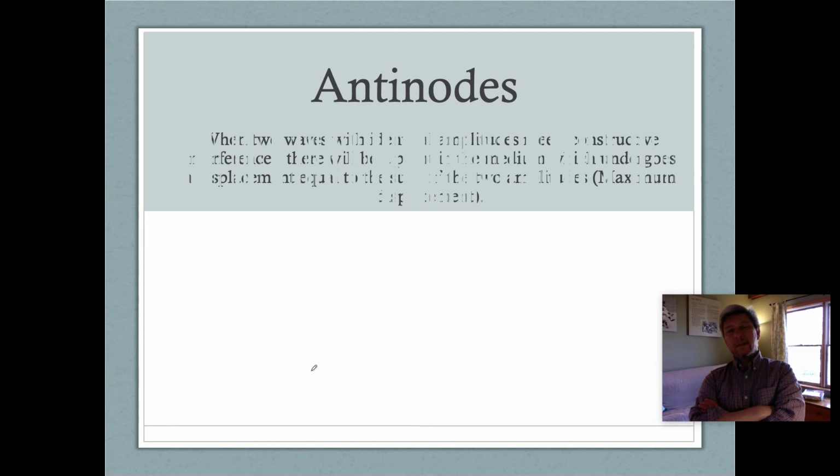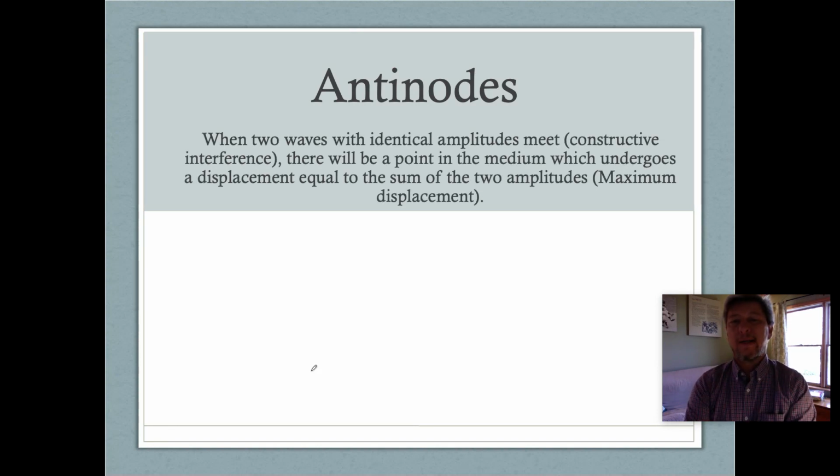In this case, when two waves with identical amplitudes meet, in other words, we have constructive interference, there will be a point in the medium that undergoes a displacement equal to the sum of the two amplitudes, a maximum displacement.